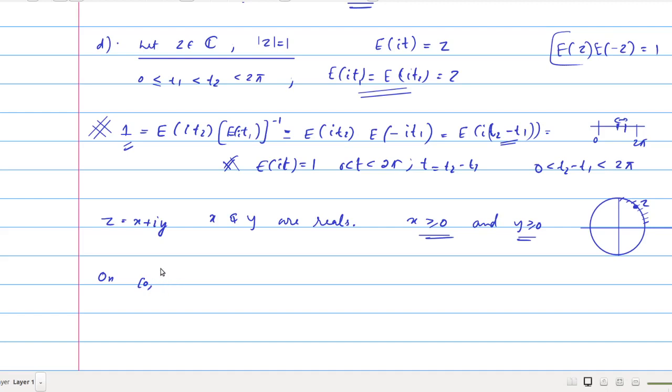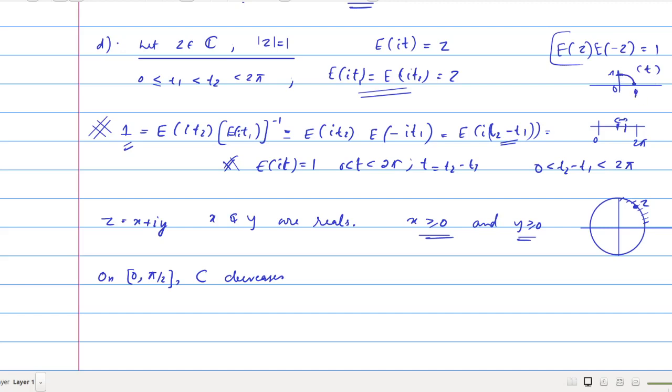When you consider this interval [0, pi/2], we know that c decreases. We already discussed the properties of this c in the interval [0, pi/2]. So c starts from this point. At 0 we have 1, this is the graph of c of t, and it decreases to 0.